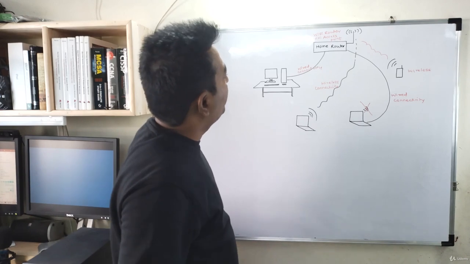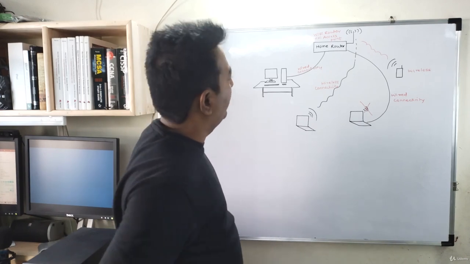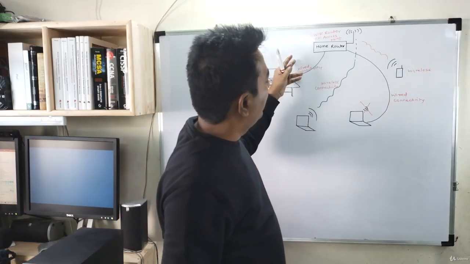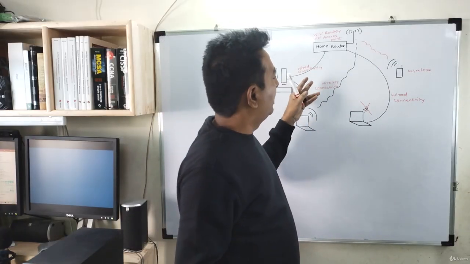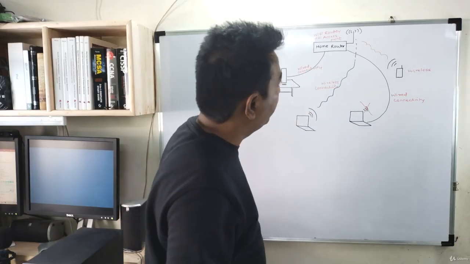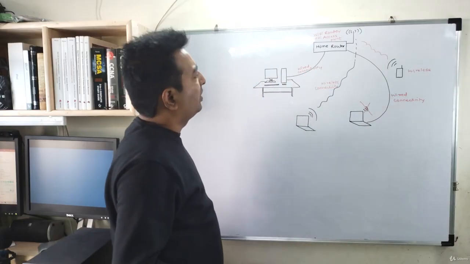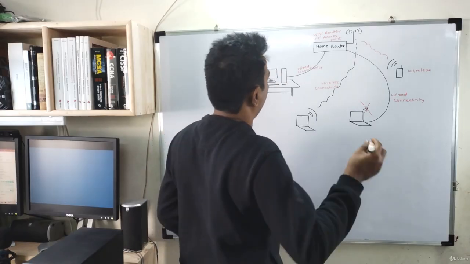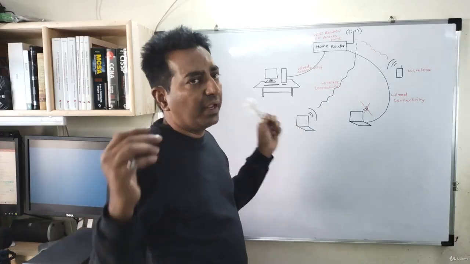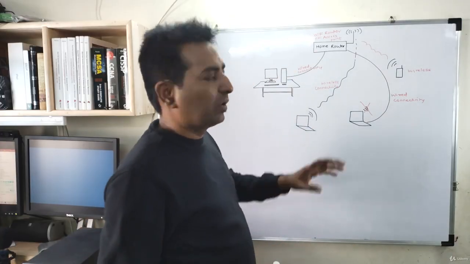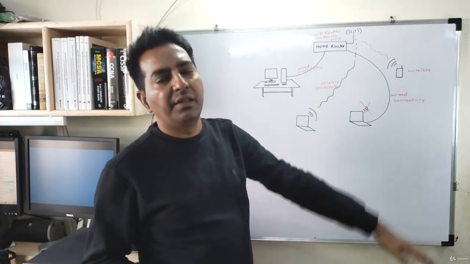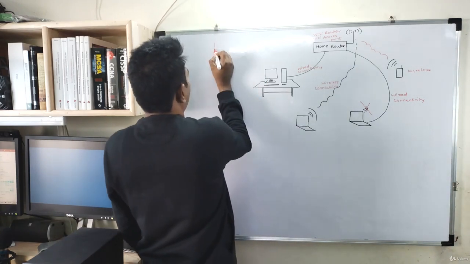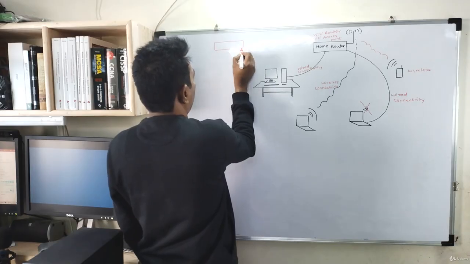Now you can see some devices are connected using wired connectivity, some using wireless. It could also be a situation that your house is pretty big, and this home router or wireless access point is in some corner of your house. So you may need another access point at your home.